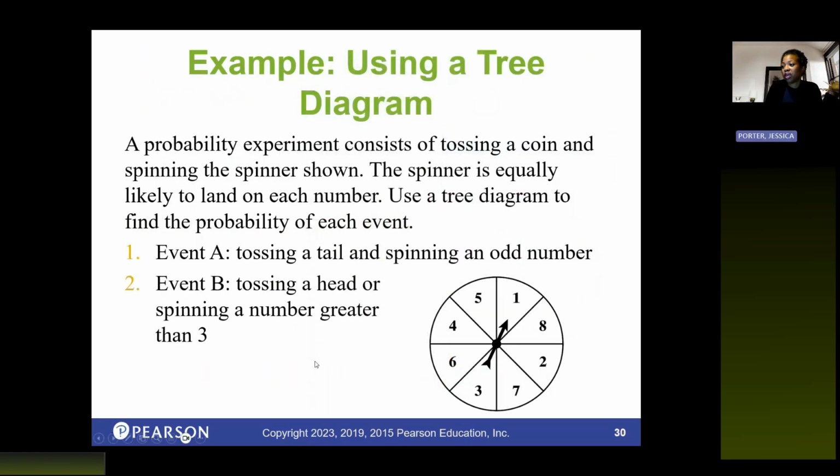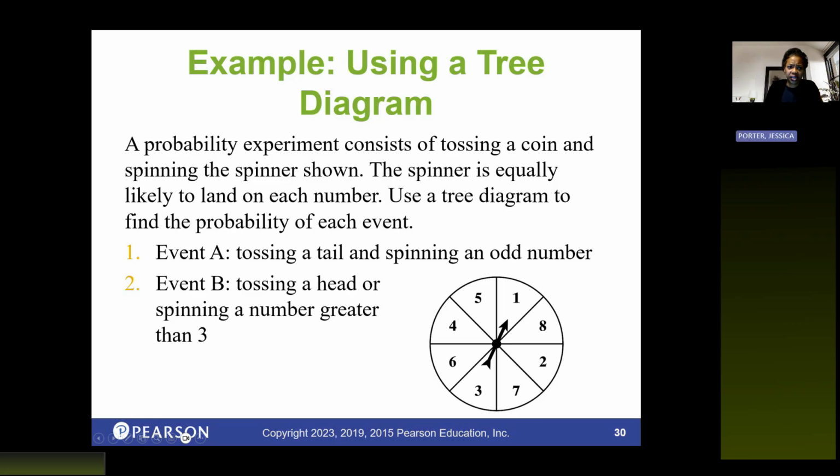All right. A probability experiment consists of tossing a coin and spinning the spinner shown. The spinner is equally likely to land on each number. Use a tree diagram to find the probability of each event. Event A is tossing a tail and spinning an odd number. Event B is tossing a head or spinning a number greater than 3.